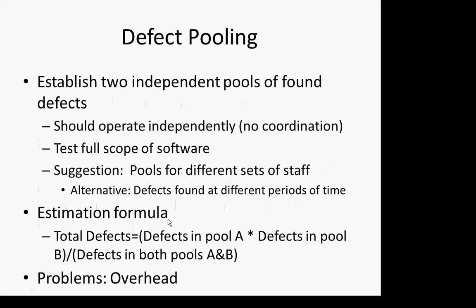So ladies and gentlemen, I would strongly suggest that you use defect pooling. I think it's easy to do. Past teams have reported that bug parties, having a time where the teams come together, work side by side, and just pound your software, try to find bugs, and record those bugs, are a great exercise.